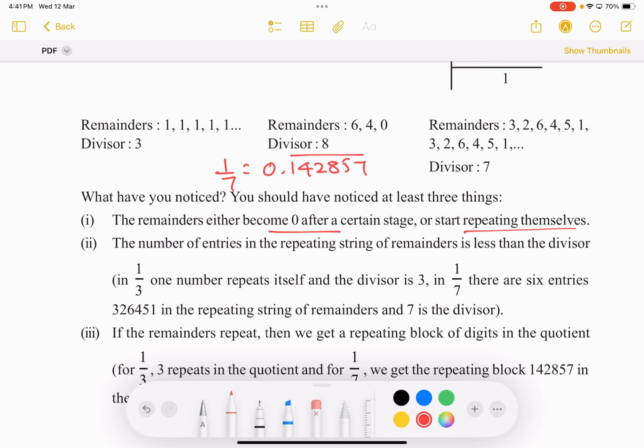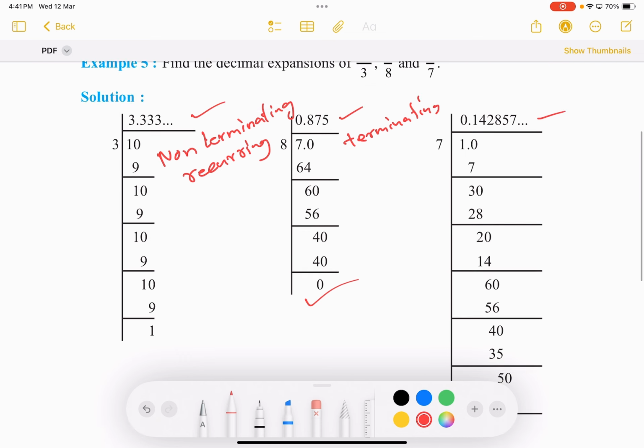The number of entries in the repeating string of remainders is less than the divisor. What is the meaning of this? The number of entries in the repeating string, like 1, 4, 2, 8, 5, 7. The number of digits will definitely be lesser than the divisor.